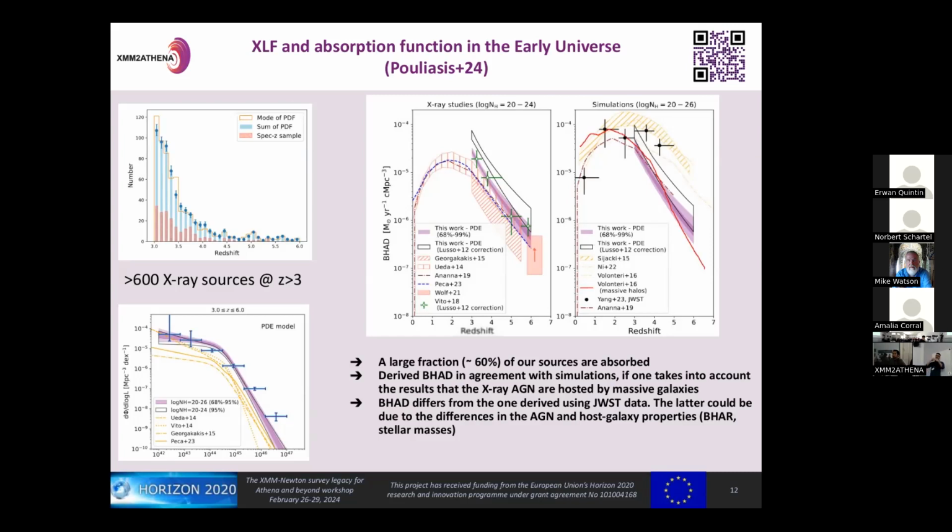So we can see that we have discrepancies there now. We try to show that we have some hints that this population traces a different AGN population with different properties, basically the stellar mass of the host galaxy and the black hole accretion rate. So in order to find exactly what's going on there, we need an even larger sample of high redshift X-ray AGN.